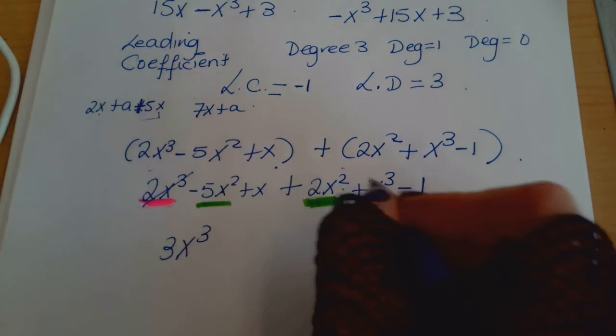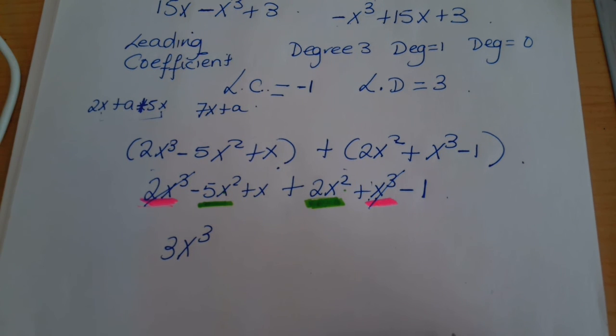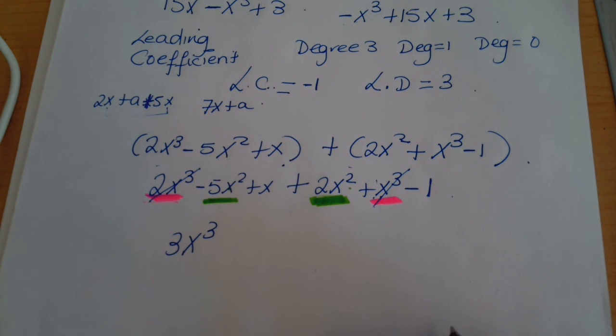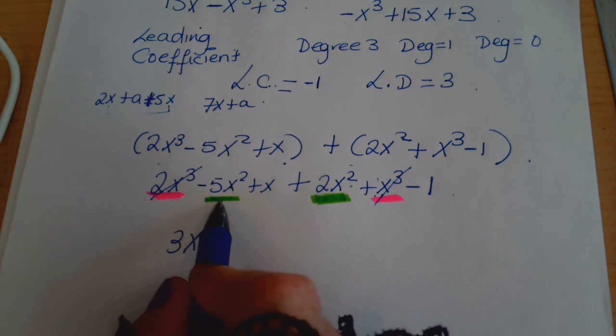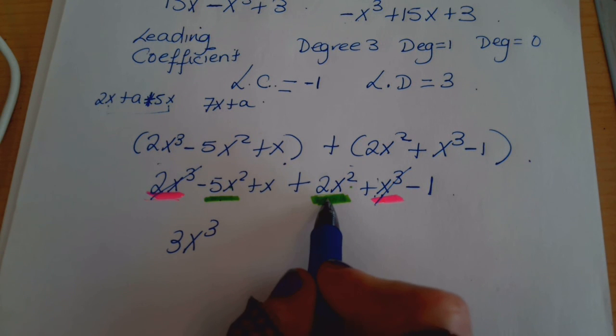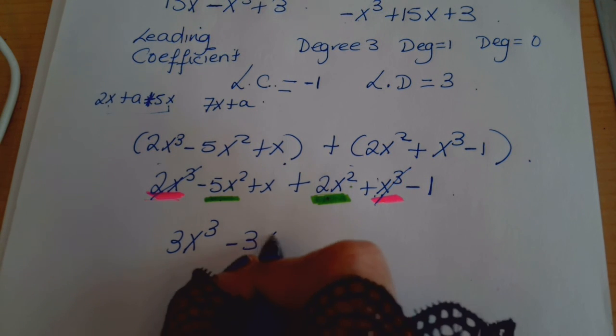And then when I've added them together, I cancel them out. So when you're first starting out, that helps to do that. After a while, as you get more proficient, you probably won't need to do that. But in the beginning, you're just learning. So minus 5 plus 2 is going to be a negative 3x squared.